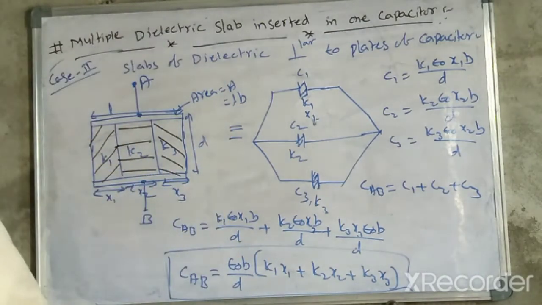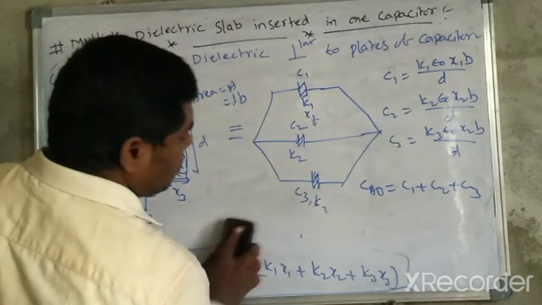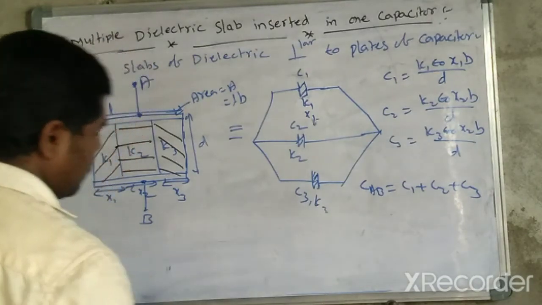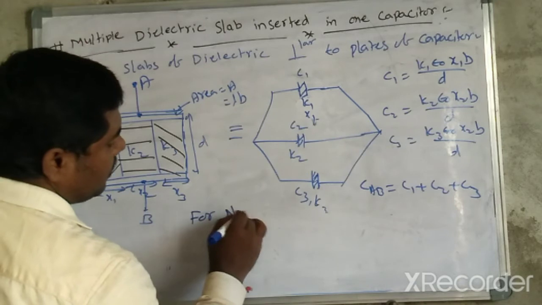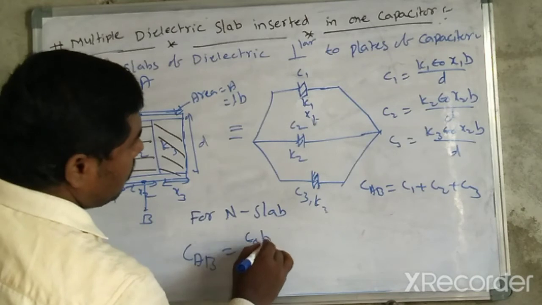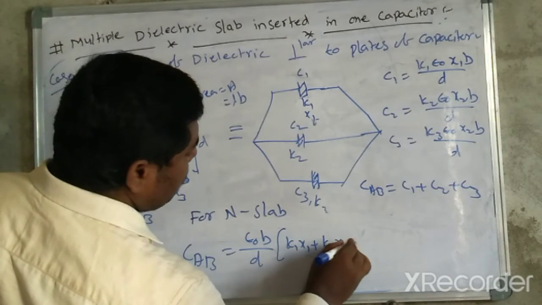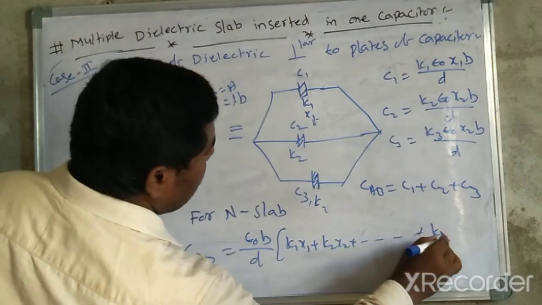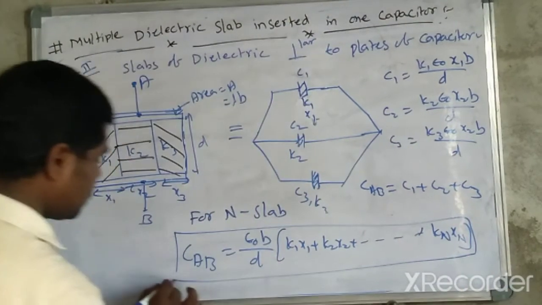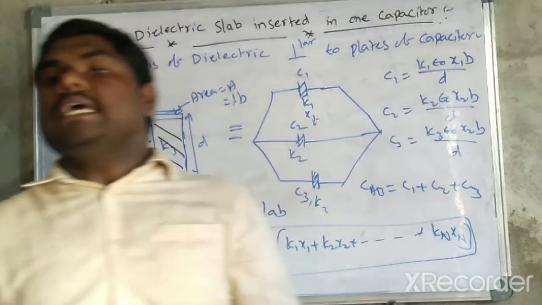For n slabs connected like this, I will directly write: C equivalent is equal to epsilon naught B divided by D into K1 x1 plus K2 x2 plus so on up to Kn xn. So this is for n slabs of dielectric perpendicular to the plates of the capacitor.